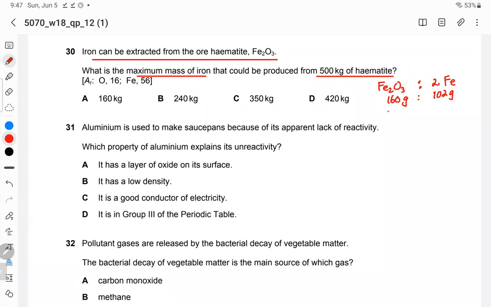So if it's 500 kg, then what will be the value of X? Can anybody tell me the value of X? It is equal to 102 gram times 500 kg divided by 160 gram. What is the correct answer?